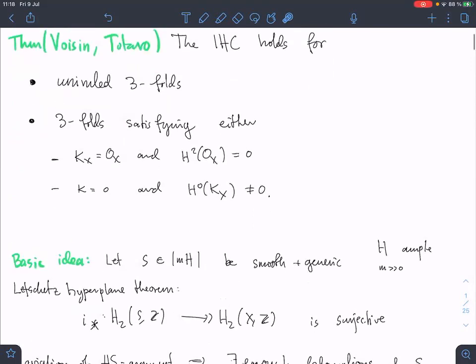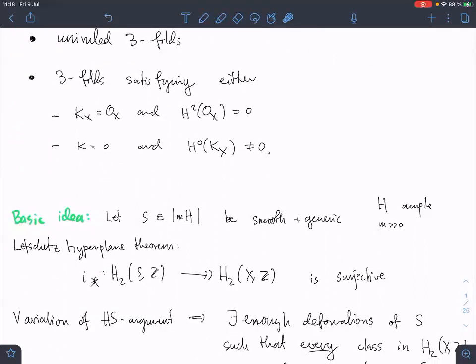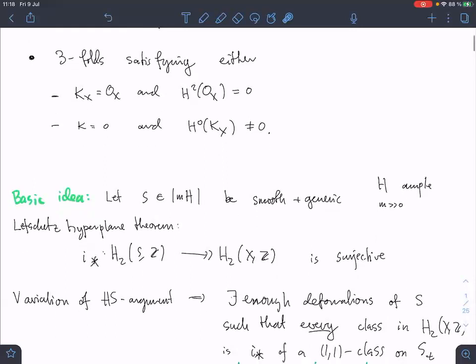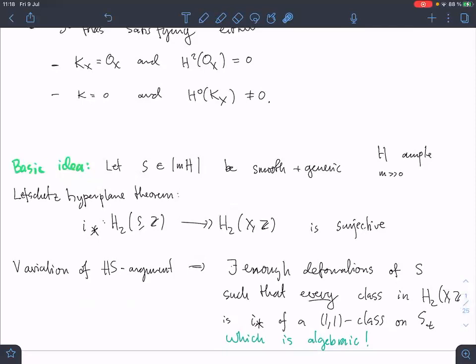The proofs here are very, very specific for the threefold case. I mean, they reduce to the 1-1 theorem for surfaces. So the basic idea is the following: you're on a threefold.